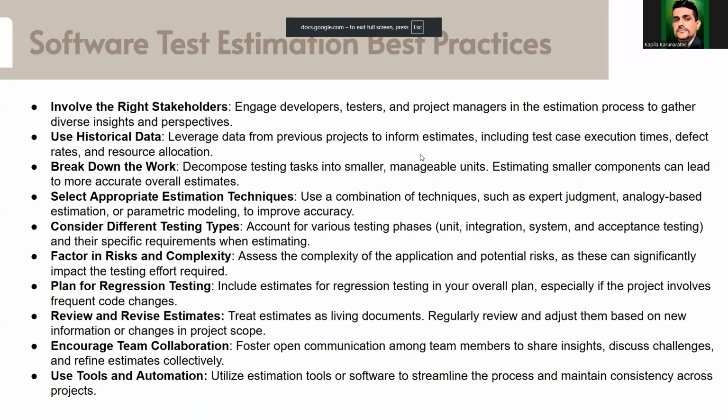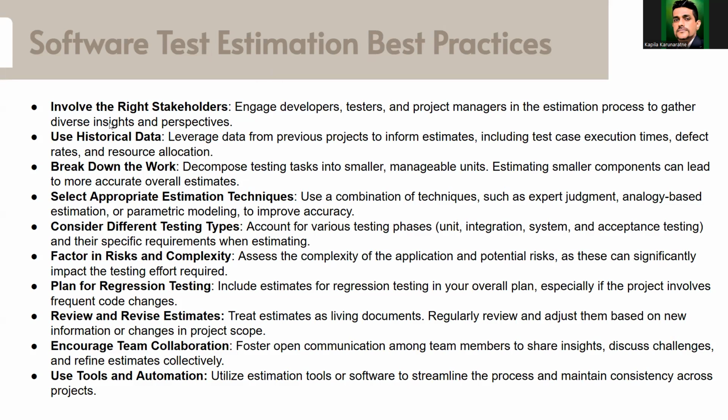These are the areas people can use as best practices or best experience while doing the estimation. Again, these are dependent on the teams, people, and organizations, but these are a few best practices we should better use.